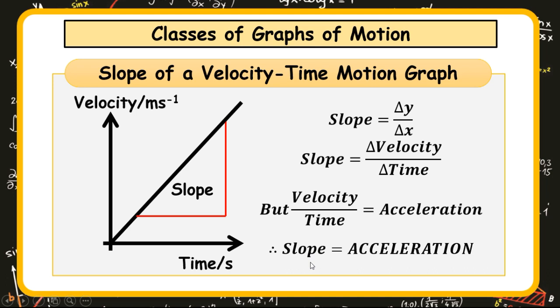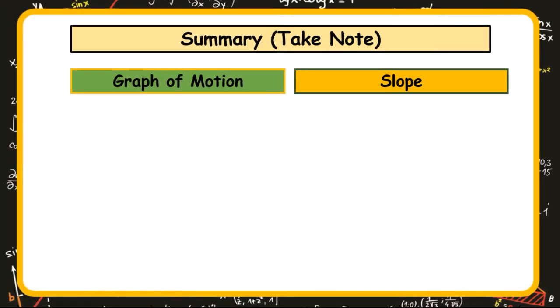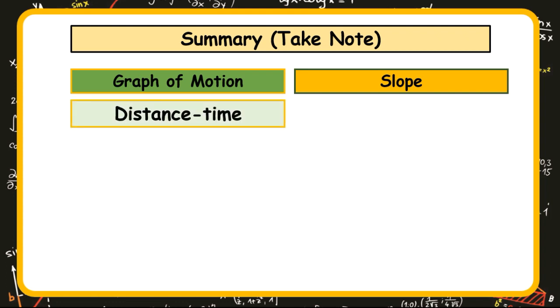So friends, I believe you will keep this and you have understood it perfectly as well. Let's do a quick review or a summary of what we just said. If you have a graph of motion, what are their slopes? First, distance time graph.